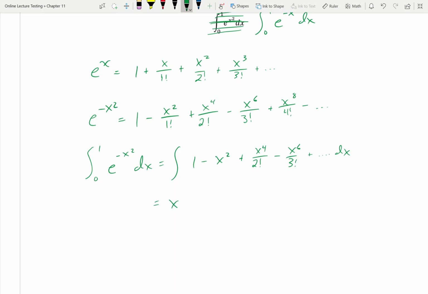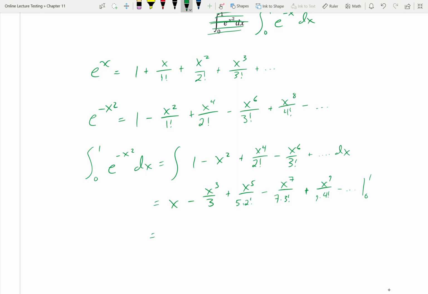Well, this becomes x minus x cubed over 3 plus x to the 5th over 5 times 2 factorial minus x to the 7th over 7 times 3 factorial plus x to the 9th over 9 times 4 factorial, and so forth. And we're going to evaluate that from 0 to 1.